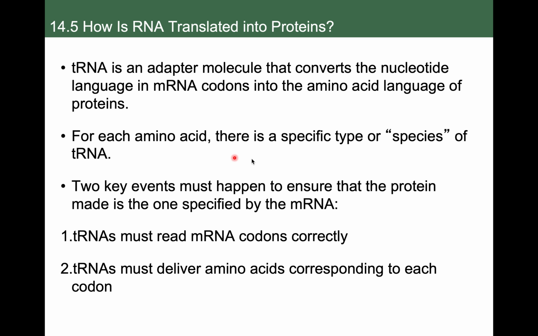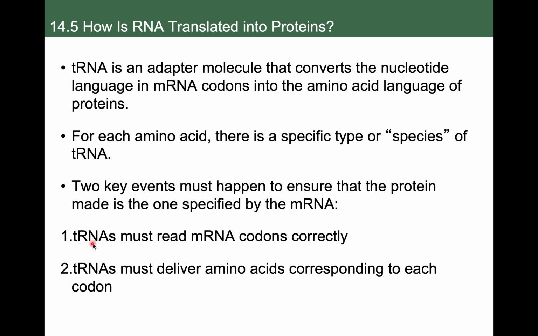So we really have to have a special type of tRNA for each amino acid. And there's kind of two things that would have to happen in order to make sure that we're bringing in the correct amino acids to build the correct protein that's been specified by that gene or that messenger RNA. So the first thing is the tRNA molecule has to actually read the codons in the messenger RNA.